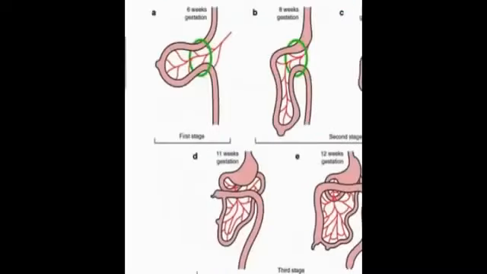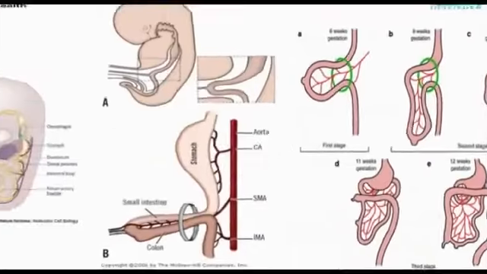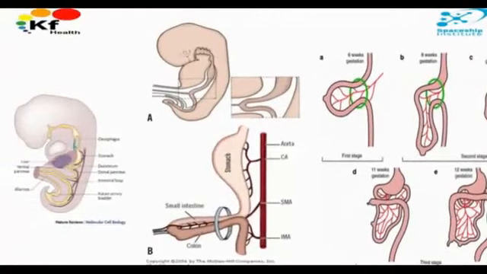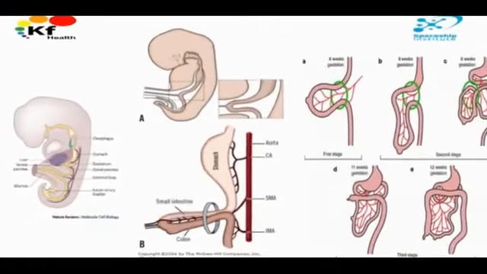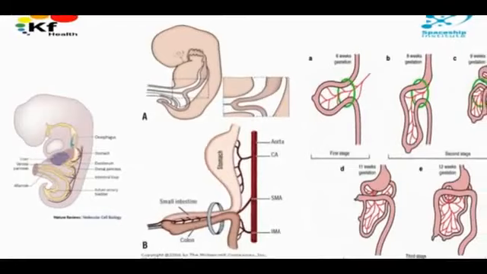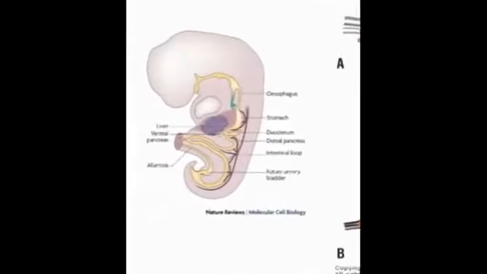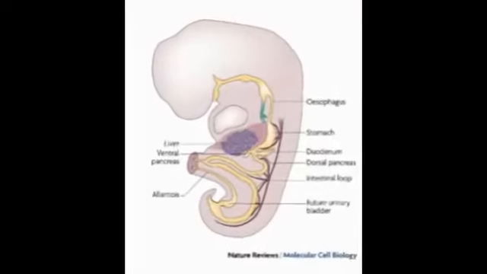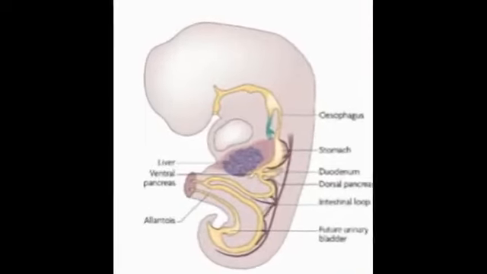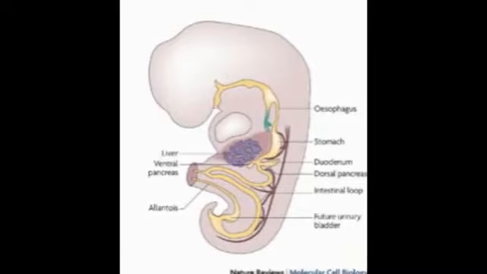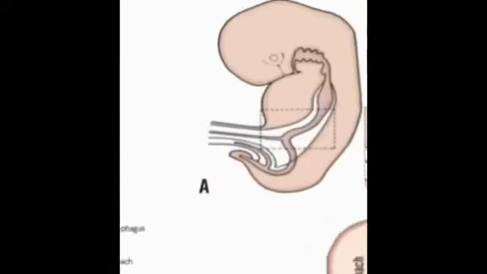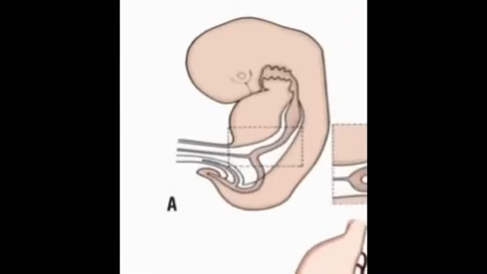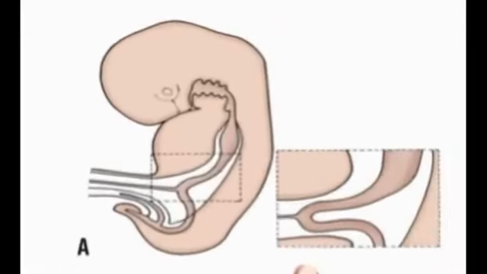Okay, and then we go to the next slide. The next slide is the embryology of our small intestines. They originate from the midgut of the embryo. And if you remember from the previous workshop, the stomach comes from the foregut, but our small intestines come from the midgut.